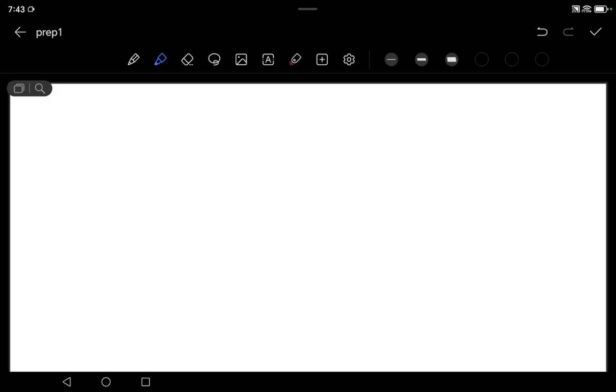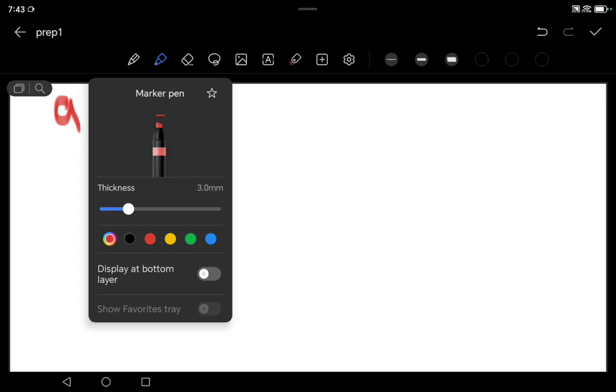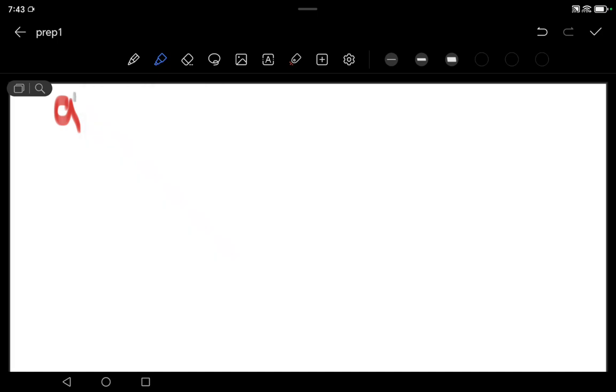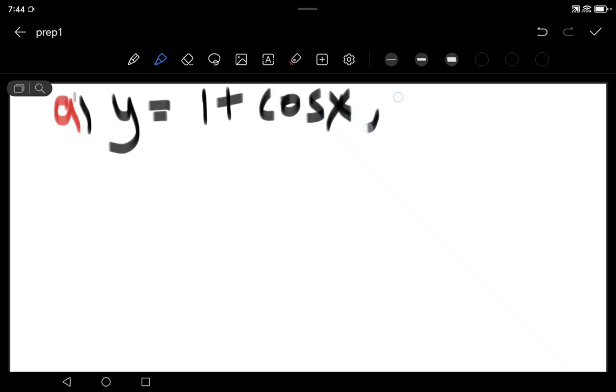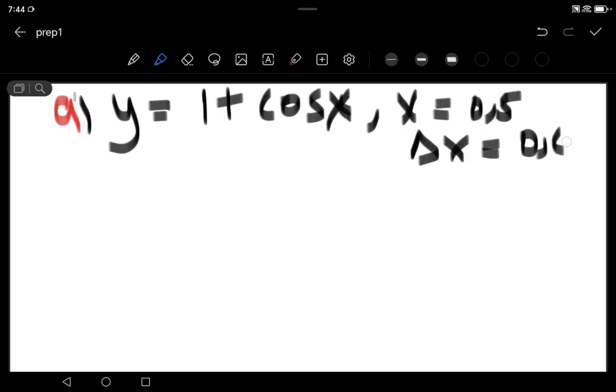I'm going to do number A, and you're going to do number C. Okay. For A, y is equal to 1 plus cos x, x is equal to 0.5, and changing x is equal to 0.01.